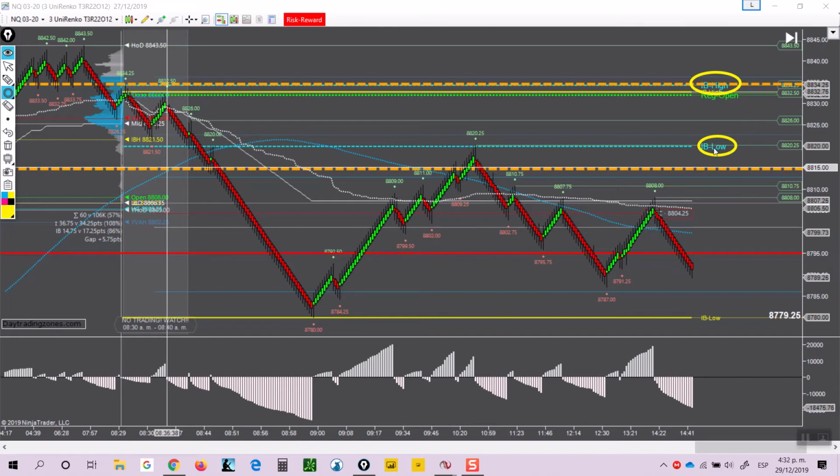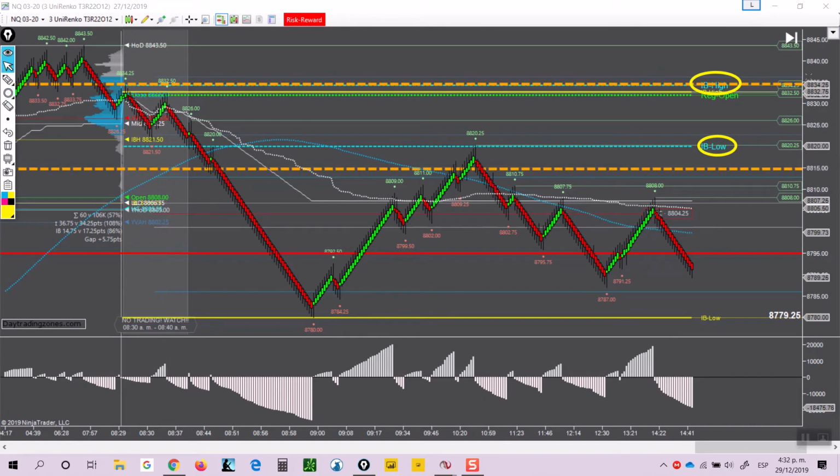Since I cannot change those tags without going into the code, which maybe I will do, but I haven't done it right now. Those are for the first 10 minutes. So you want to know that. That's the opening swing high and opening swing low, what I call. And those are for the first 10 minutes.